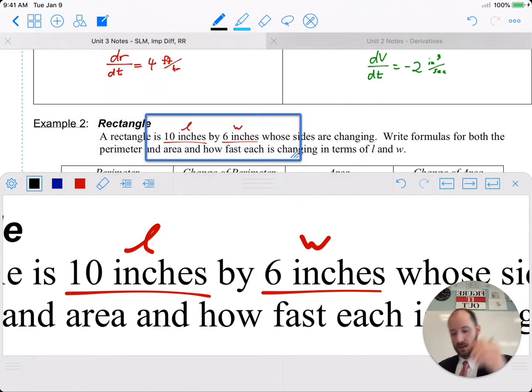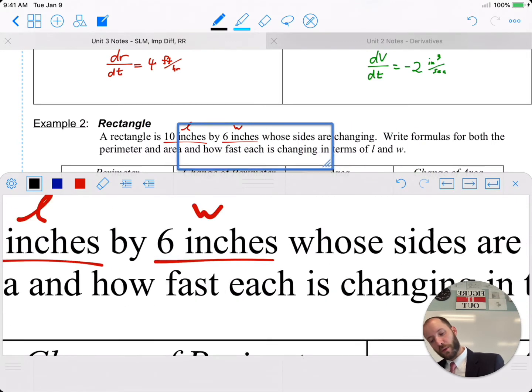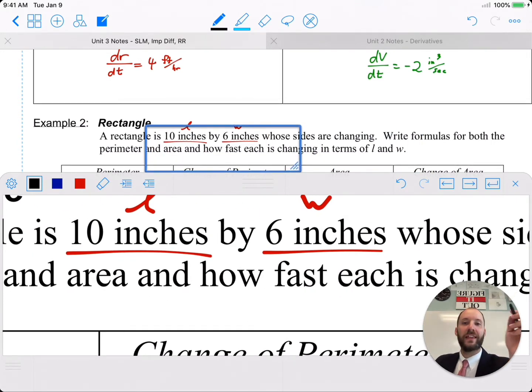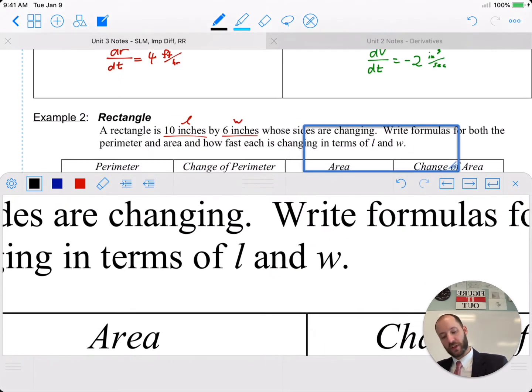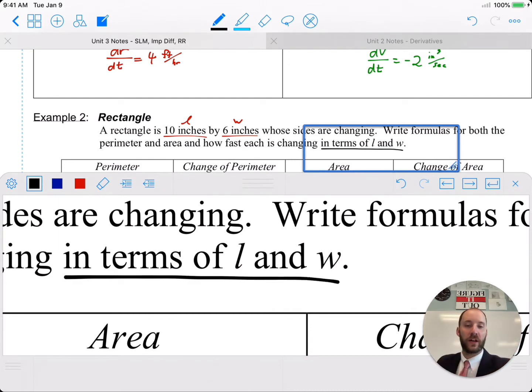Okay, so formulas for perimeter and area, and then how fast each is changing in terms of L and W. So L and W are all on one side, the perimeter changing, the area changing. We're going to solve for those by themselves.